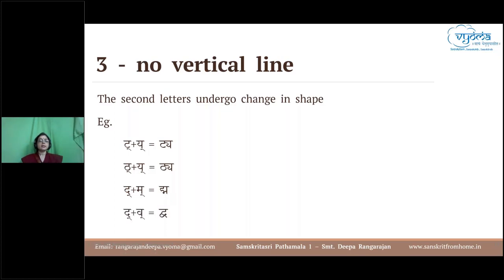Next, when the d combines with v, we get dv. And here also the vakara has come under the dakara and the shape has changed. So whichever consonant combines with it, that consonant undergoes a change of shape, whereas those under this category remain the same. They don't change their shape.